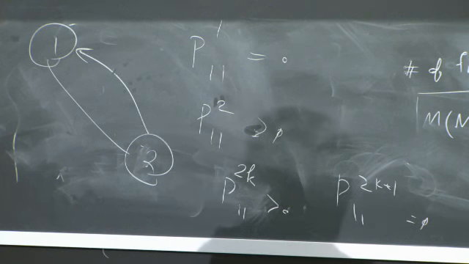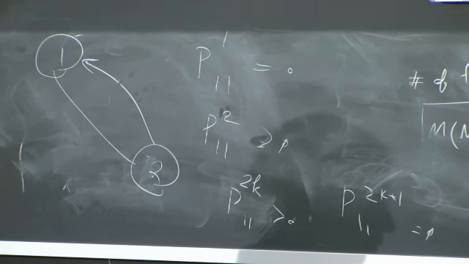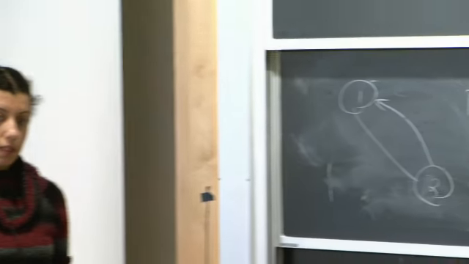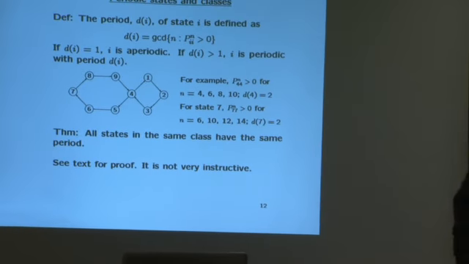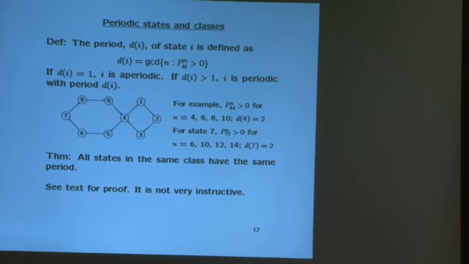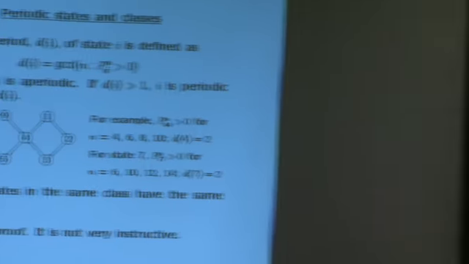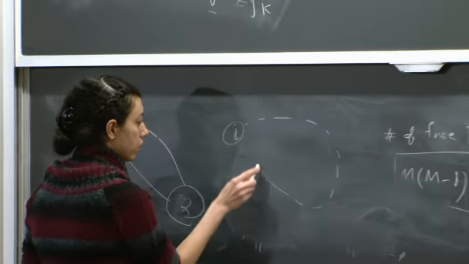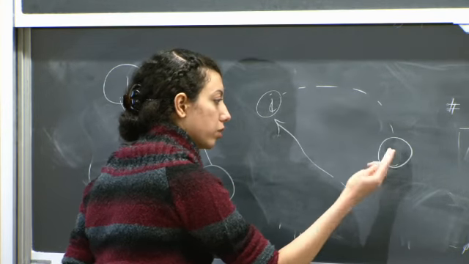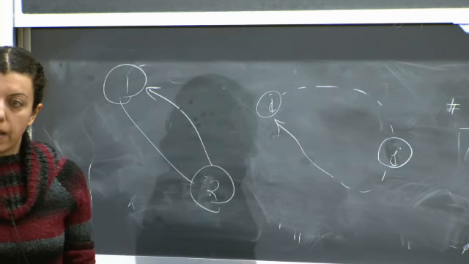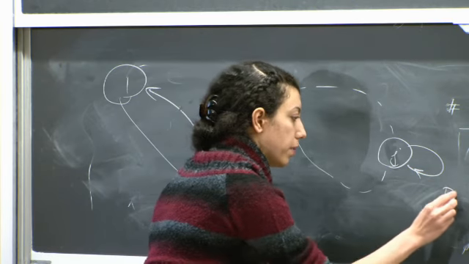So there's a very simple thing to check if something is aperiodic, but if it doesn't exist, we don't know its periodicity. So if there's a walk from state i to itself, and in this walk we go through a state called j, and there's a loop here, so Pjj is positive.